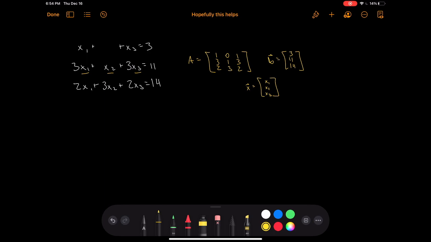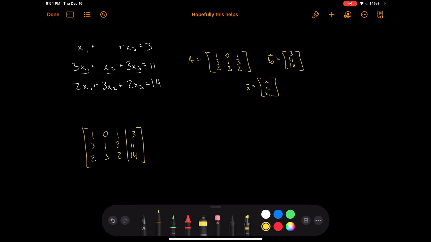So now we're going to put A and B into an augmented matrix. As we've done before, put matrix A on the left side, and then matrix B on the right side. And then we just begin doing our row reduced echelon form.